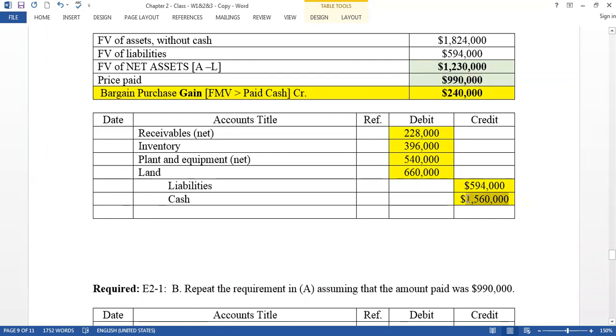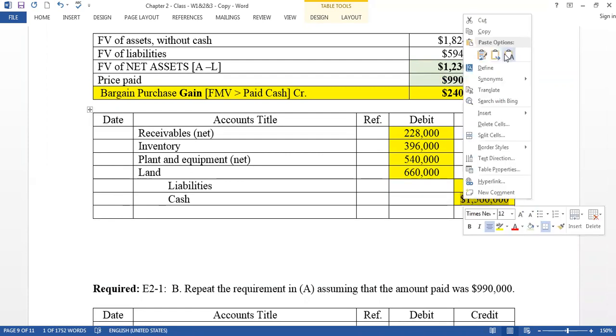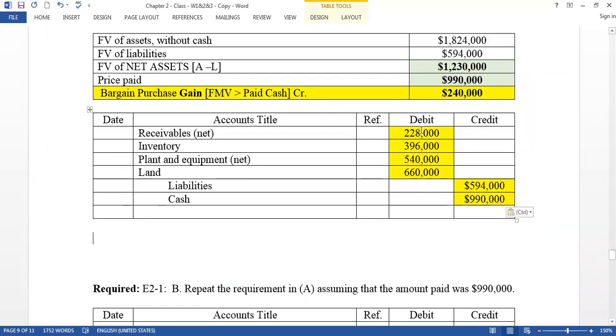So I buy their assets and their liabilities, but interestingly, I pay a lower amount of cash than their net assets. The remaining is called gain on acquisition, and this is $240,000.